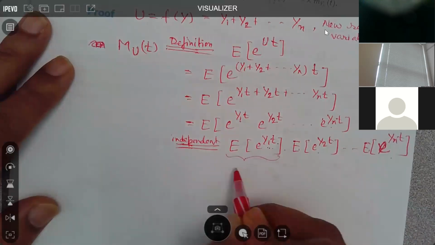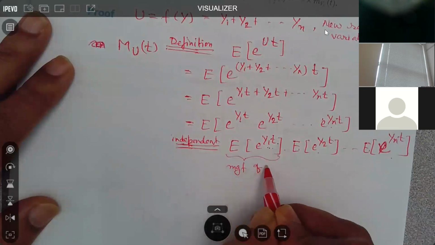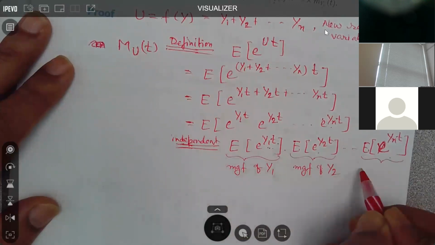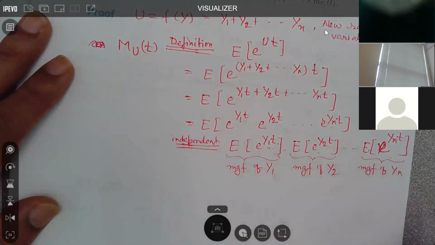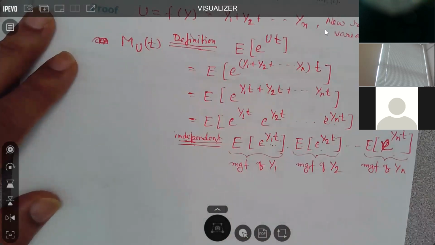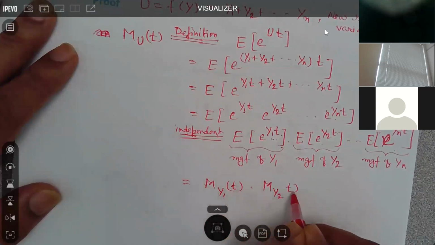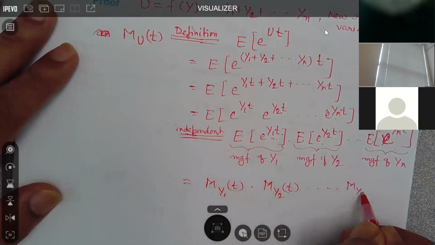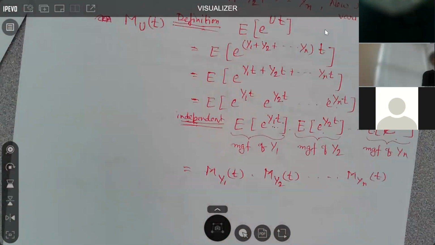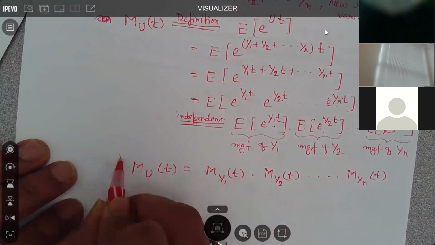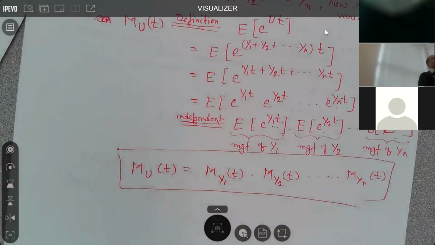So this is equal to m_y1(t) times m_y2(t) times m_yn(t). So m_u(t) is the product; you can write the moment generating function as their product.